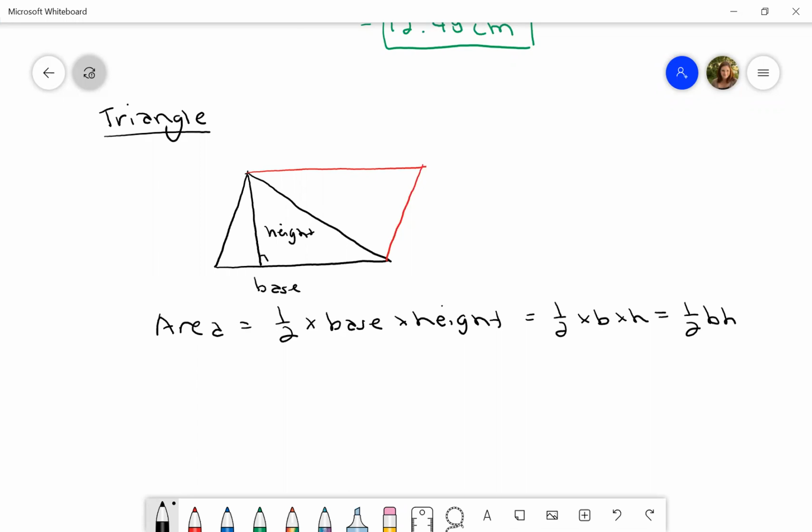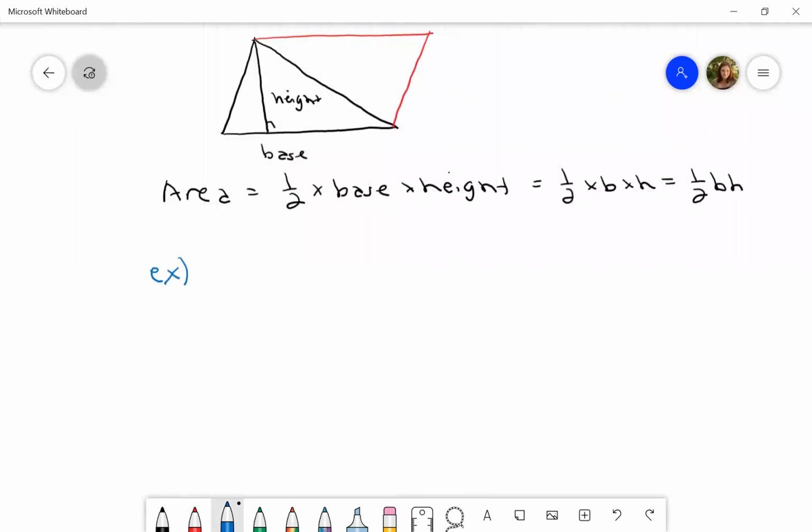And what's interesting is sometimes the height may not be as traditional. Let me give you an example of what I mean by that. So let's look at this one. Let's say we have a triangle with a base of 5.8 centimeters and a height of 2 centimeters.